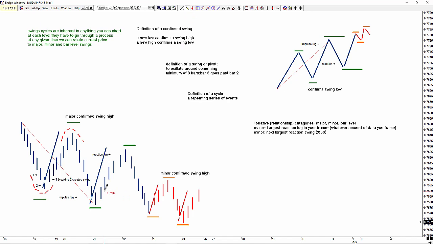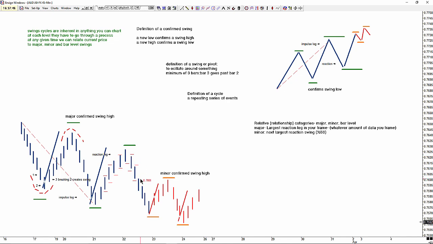Now at bar level, even the bar level swings have the same definition. See, when I take out a low, or when I take out a high, it becomes a confirmed swing low, confirmed swing low, and then boom, confirmed swing high, confirmed swing high, confirmed swing high.